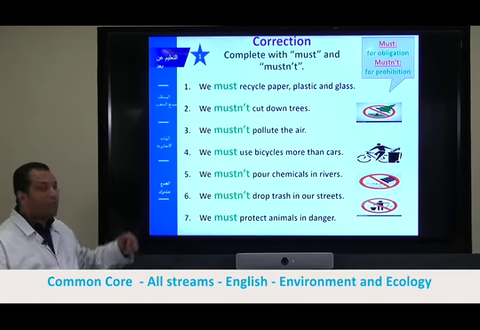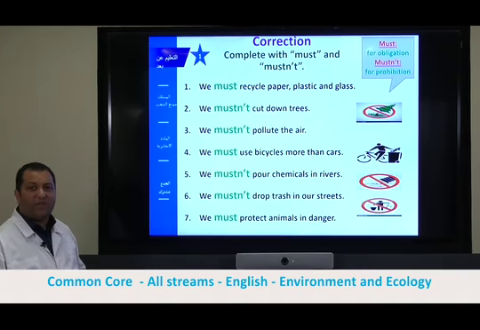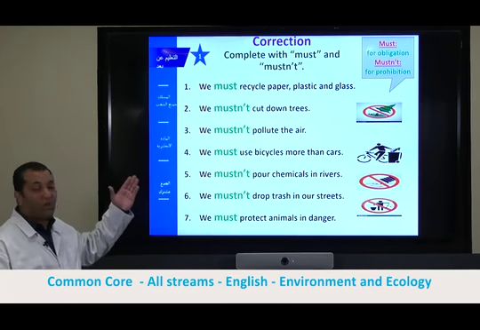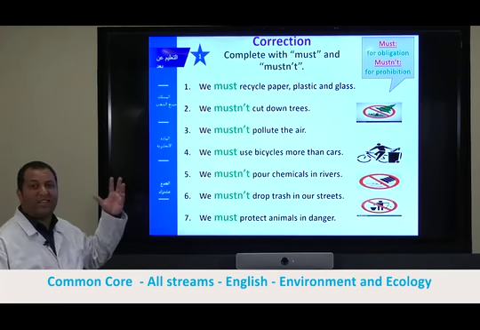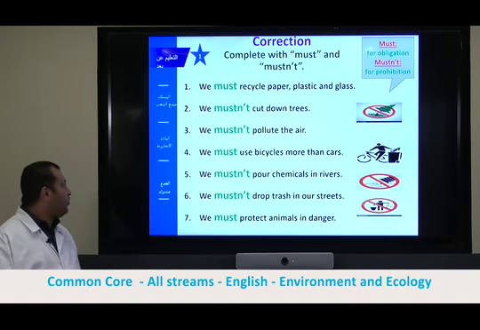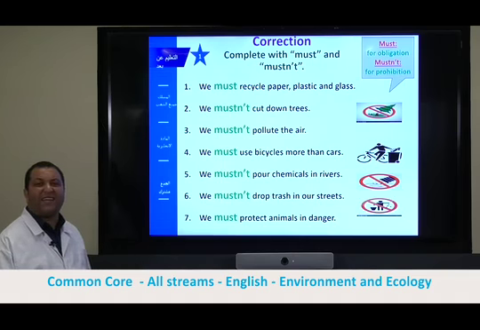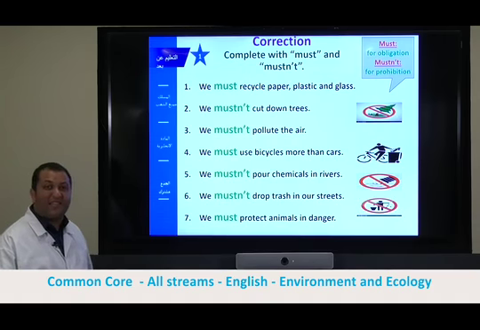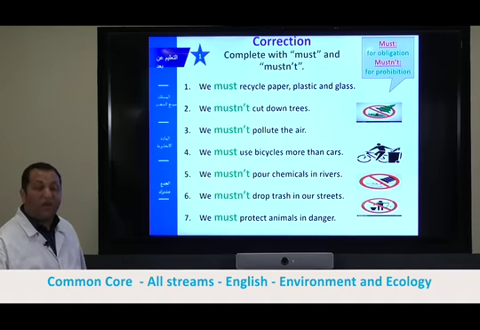Number 3, we mustn't pollute the air. Because if we pollute the air, it will be dangerous for our health. Number 4, we must use bicycles more than cars. Like in the Netherlands, people are using bicycles more than they are using cars. Why?